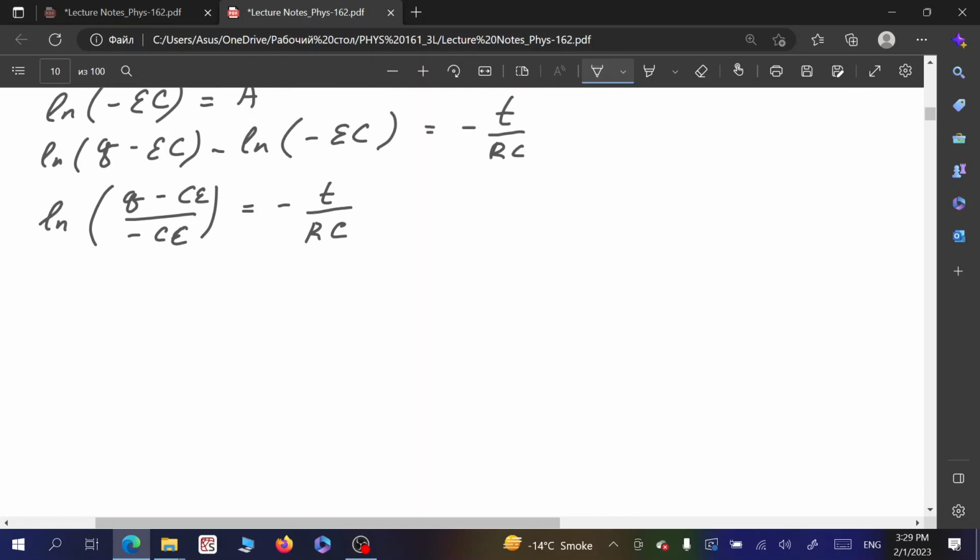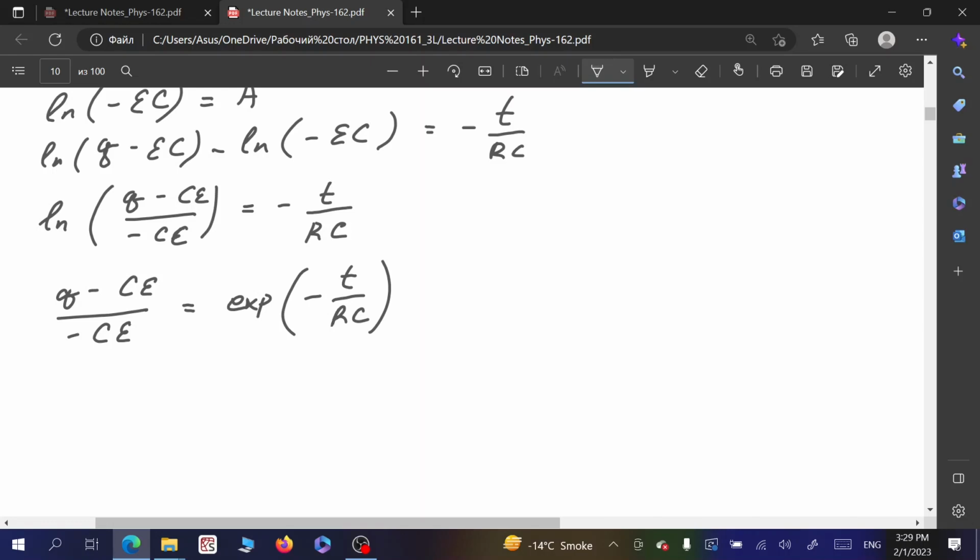Now, how do we get rid of the natural logarithm? We use exponential function, yes. So now we can write that q minus c times epsilon over minus c times epsilon will be equal to exponent minus t over r times c.